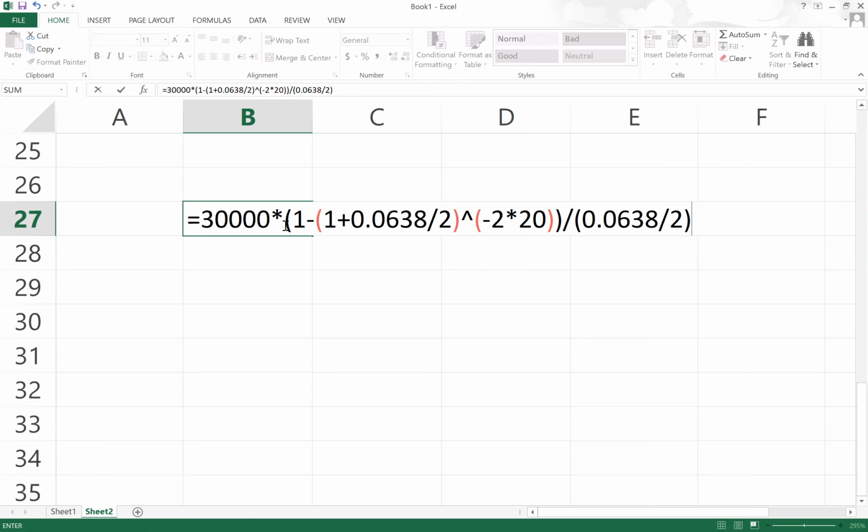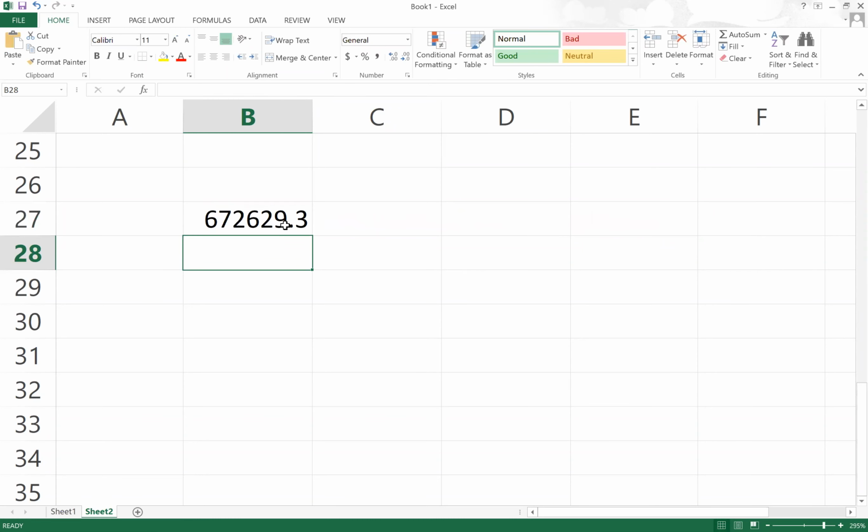Okay, and that should give us the right result. This result turned out to be $672,629.31. That's the current value of all those cash flows over the 20 years.